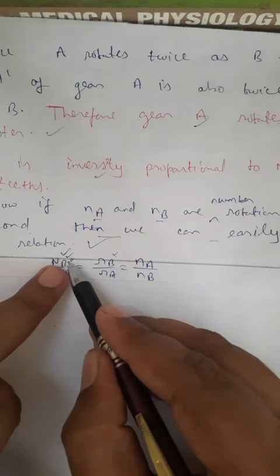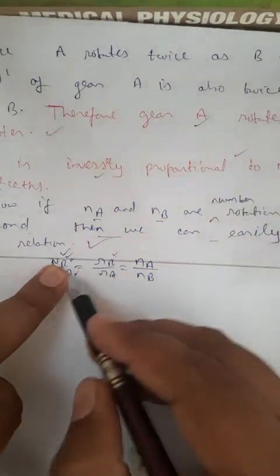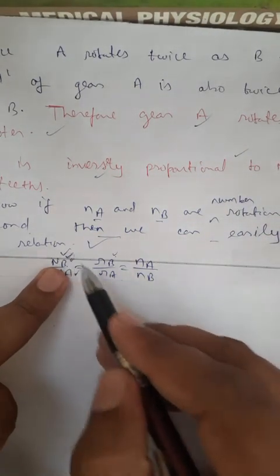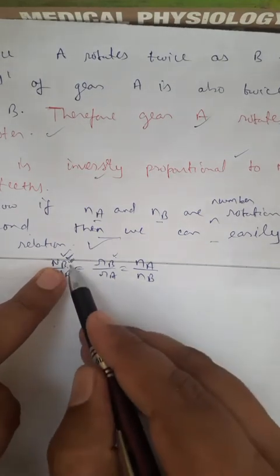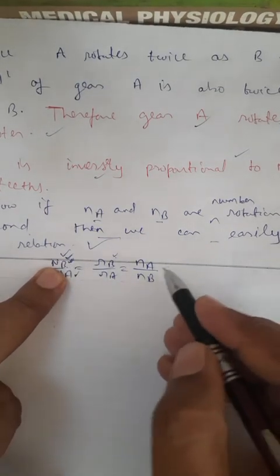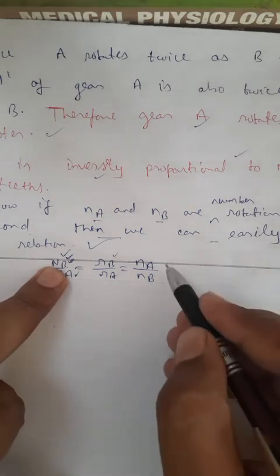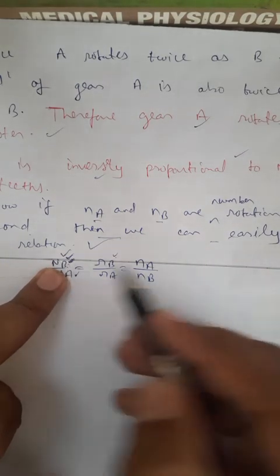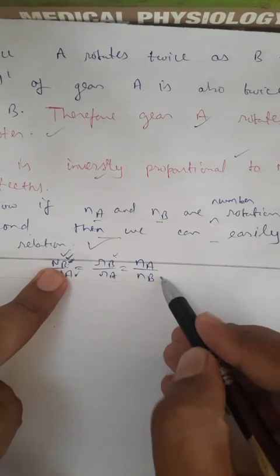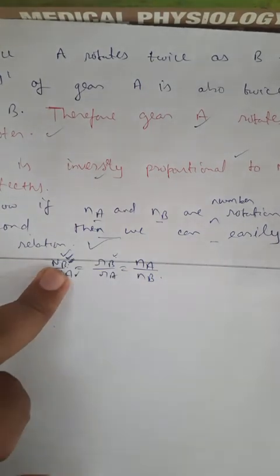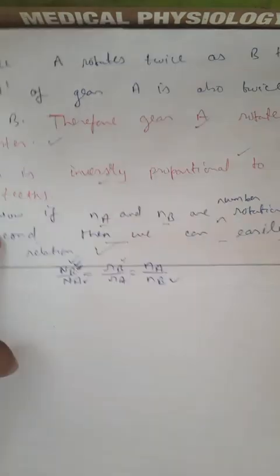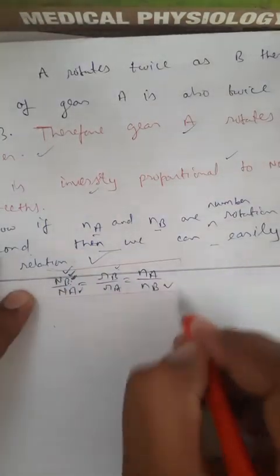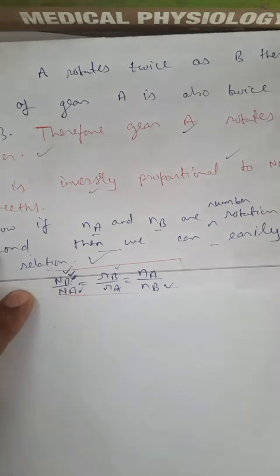Now we have already drawn the conclusion that the number of teeth in B will reduce the speed, so capital NB is inversely proportional to small nb, so we can write NA upon NB. So we have this important relation.